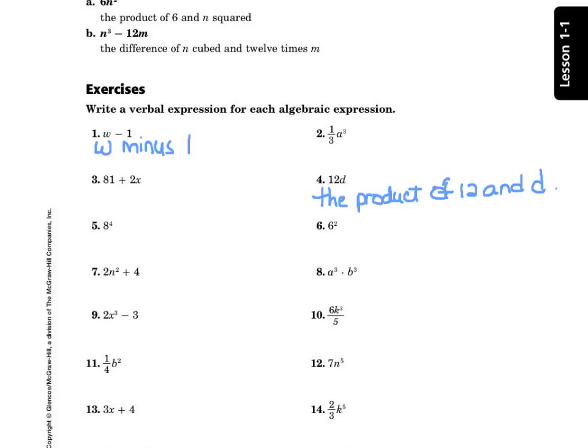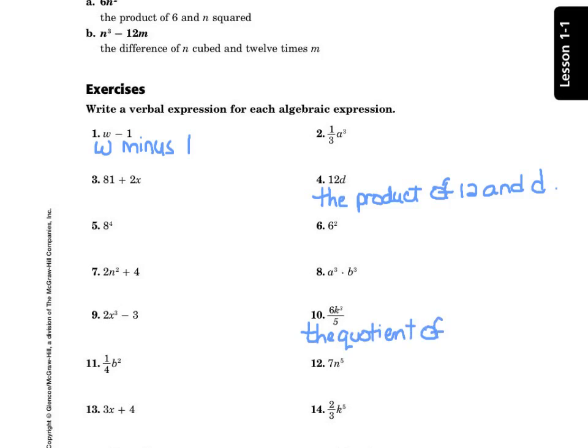Okay. Let me go ahead and do number 10. 6k cubed divided by 5. I'll write it this way. The quotient of, now what are we dividing?